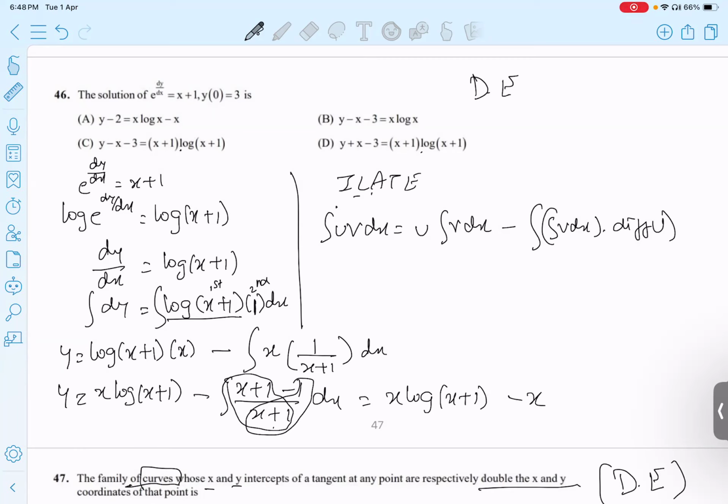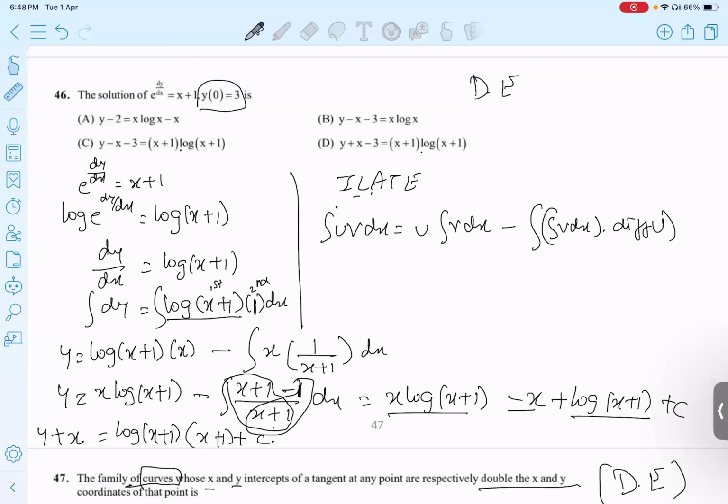Integral of 1 gives you x, with minus into minus giving plus. One more term is there, that is 1 by x plus 1, which is log x plus 1, plus c. On simplifying this, shifting this minus x to the other side gives you y plus x equal to, taking log of x plus 1 as common, x plus 1 plus c.